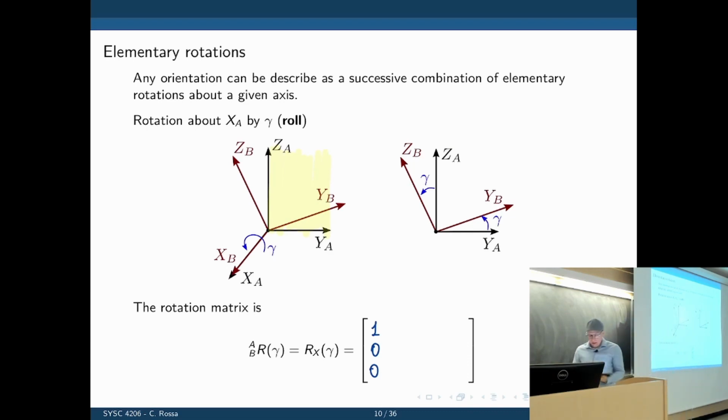What is that? 0. They are again perpendicular. The second one is YA onto YB. Cosine of gamma, right? So this projection down here, cosine of gamma, and we're going to write simply C of gamma. The last one there is YB on ZA, which is sine of gamma.